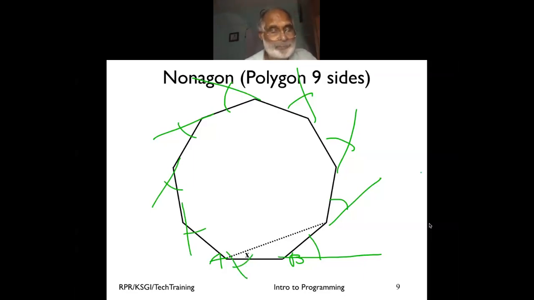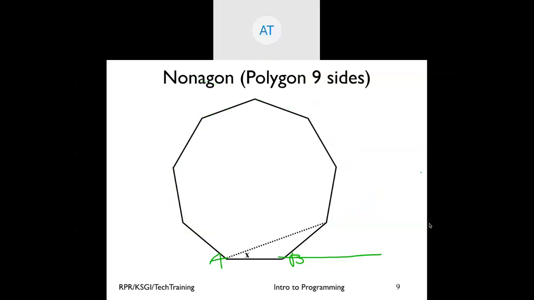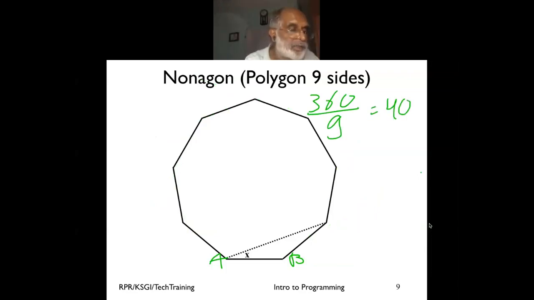That means a total of 9 such angles, so this angle would be 360 by 9, which is 40. So this angle is 40.